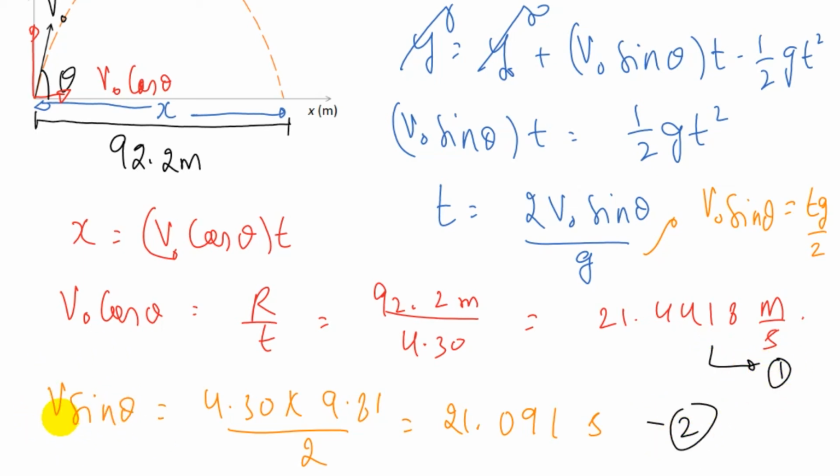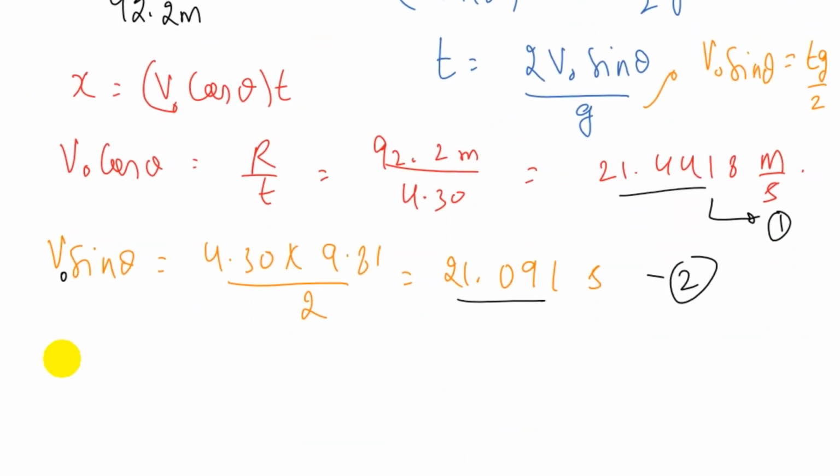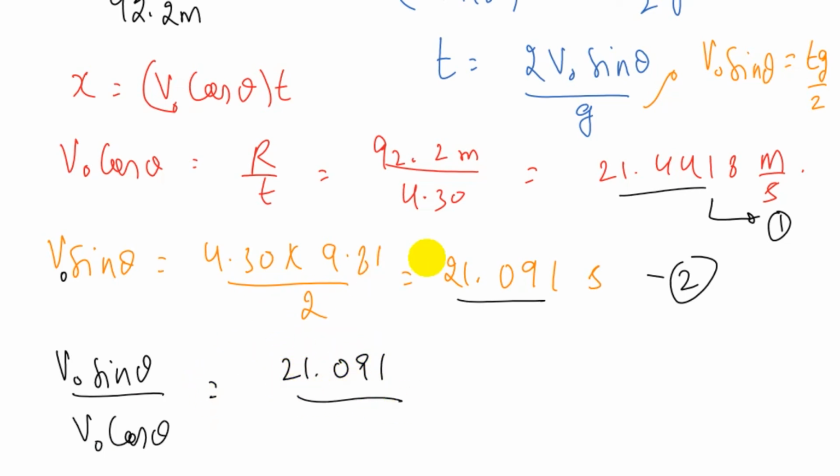Here we have v naught sine theta equal to this, and v naught cosine theta equal to this. So take the ratio of these two equations. v naught sine theta divided by v naught cosine theta: v naught sine theta we have 21.091, and v naught cosine theta we have 21.4418.